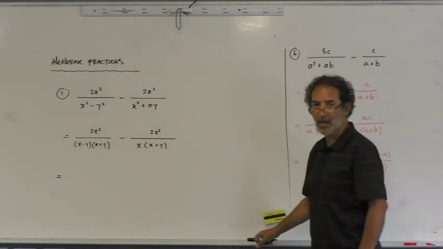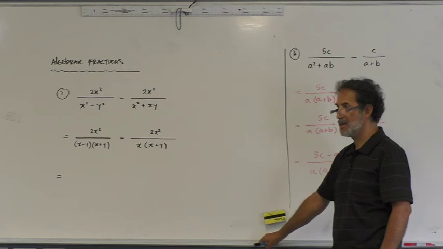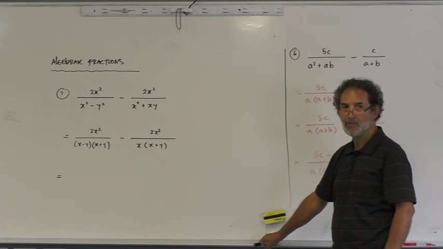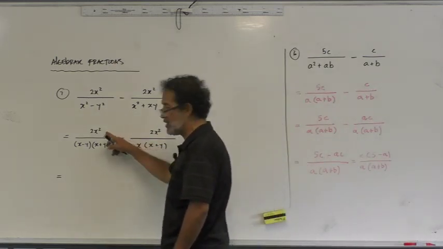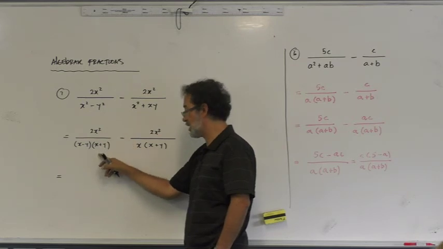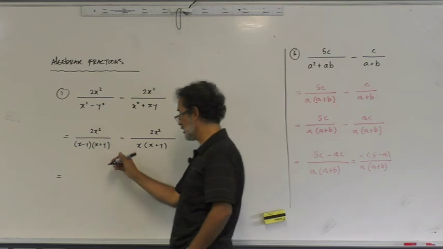Okay, so we are going to multiply the first fraction by x, the top and the bottom. When you multiply the top and the bottom by x, can you see that this is going to be 2x cubed? Okay, so you're going to put 2x cubed.